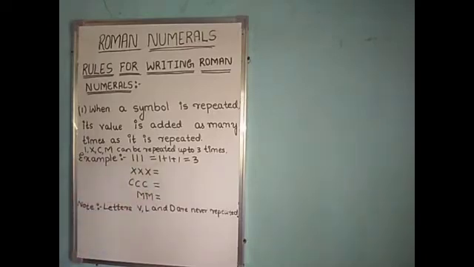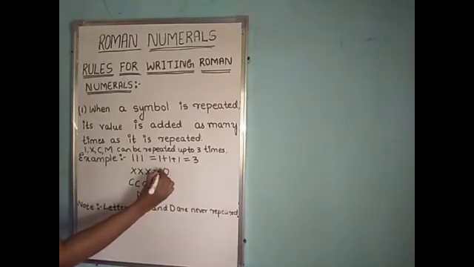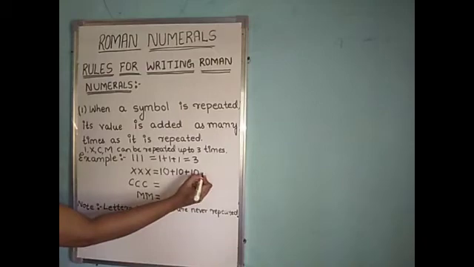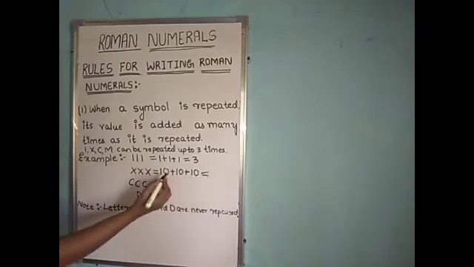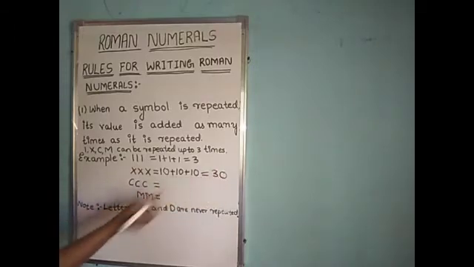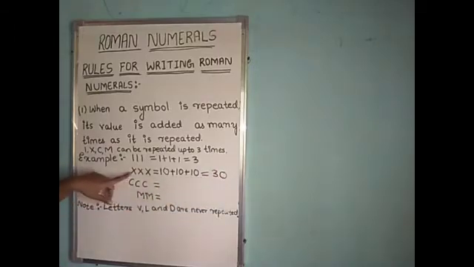The numeric value of X is 10. So, we have to add 10 three times. 10 plus 10 is 20. 20 plus 10 is 30. So, XXX is equal to 30.